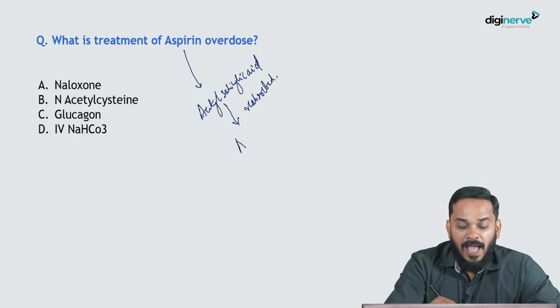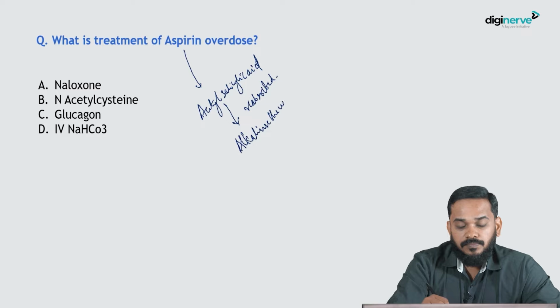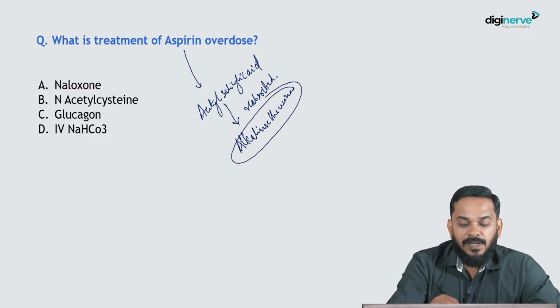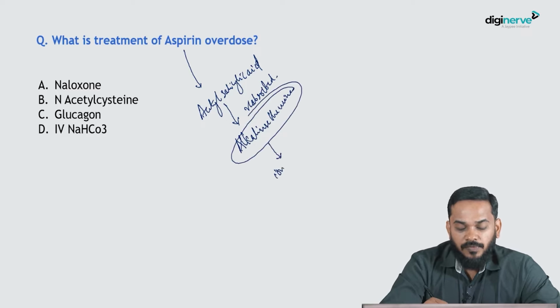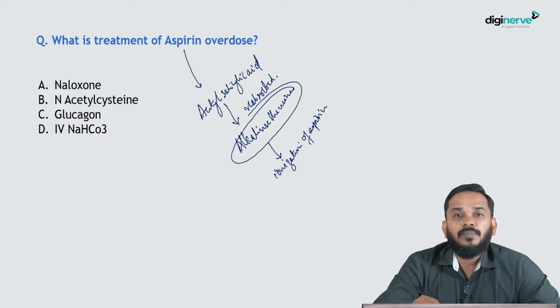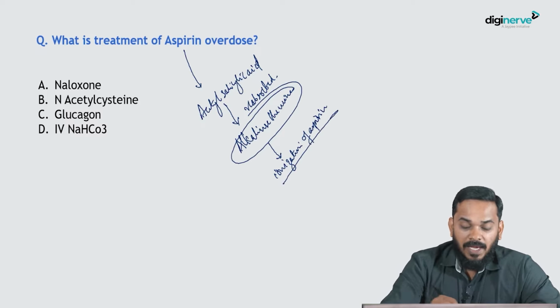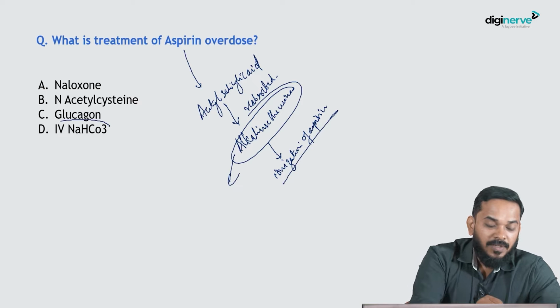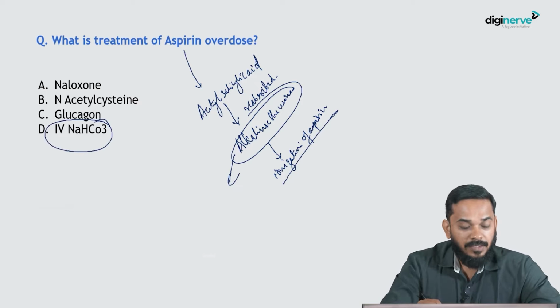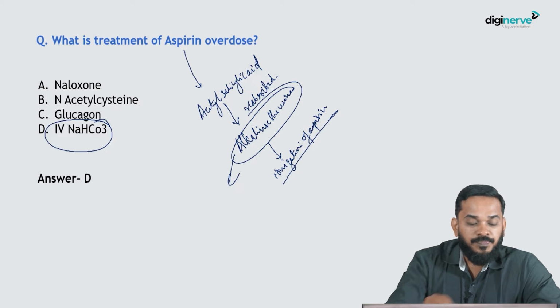If you alkalinize the urine, this will result in ionization of aspirin. These charged molecules will not be able to cross membranes and will not be reabsorbed. Alkalinizing the urine can be done with IV sodium bicarbonate. So that is the correct answer.